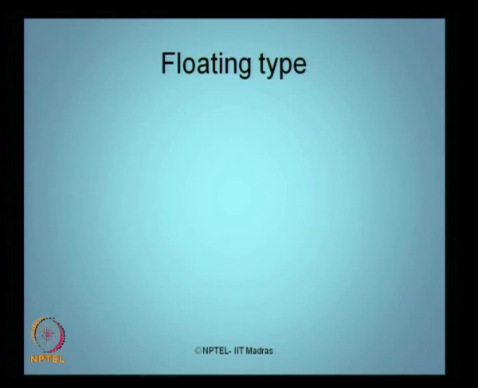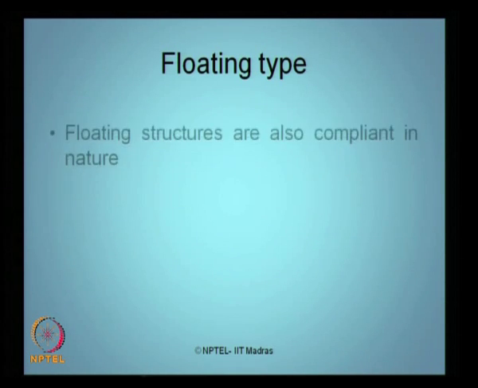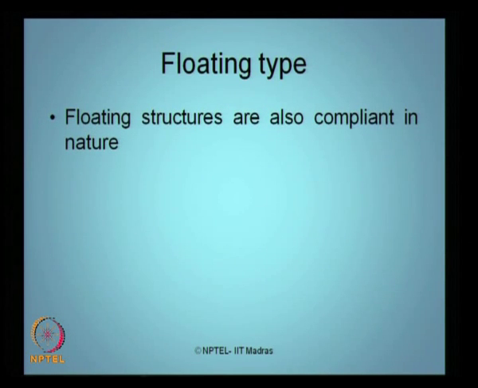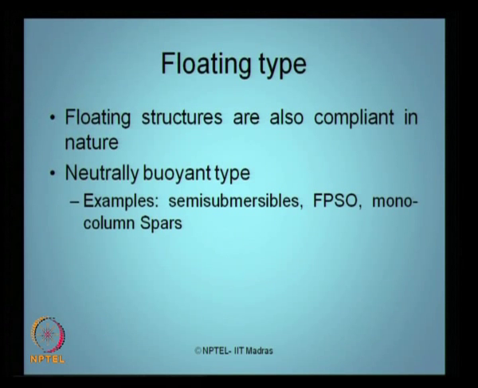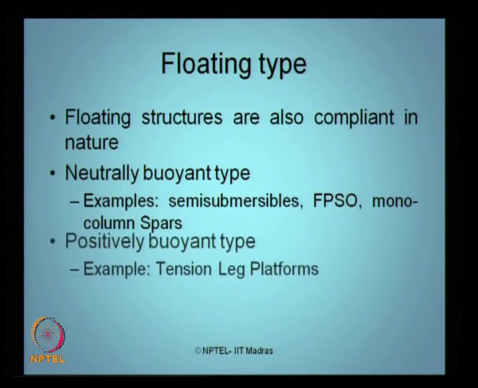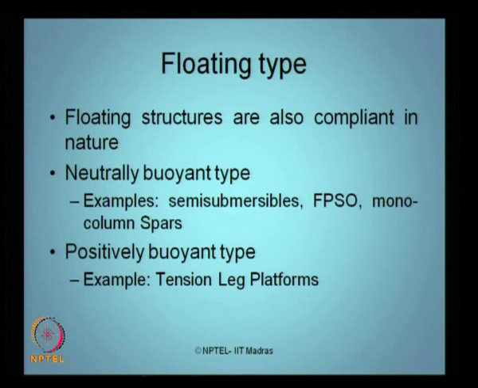When you talk about the next type of configuration, which is the floating type, we already said floating types are also compliant in nature. In this case you can have neutrally buoyant type structures like semi-submersibles, FPSOs and monocolumn spars, whereas you also have positively buoyant type, the TLP, and in the TLP we understand the form is very interesting because the buoyancy enormously exceeds the weight of the platform.